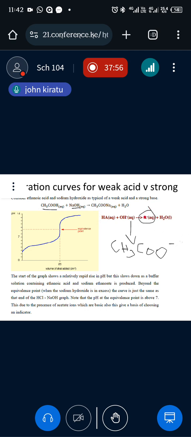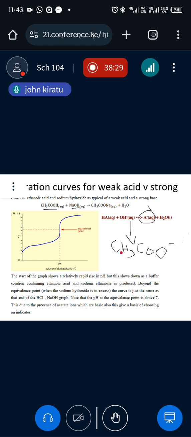And when it's basic, where do you expect your equivalence point to be? Above 7. Okay? Yes, Patrick has said above 7, and I can see Federius has said above 7, so I can tell people are following, right? So when you react a weak acid and a strong base, then pH is greater than 7 because the end solution is basic.